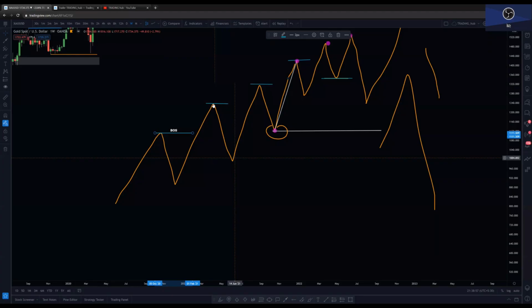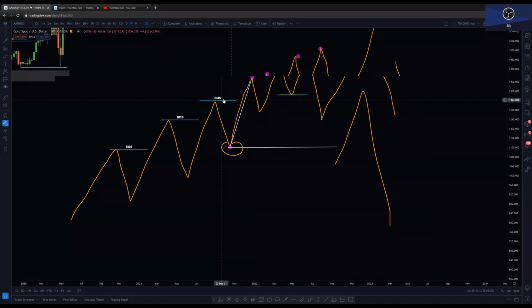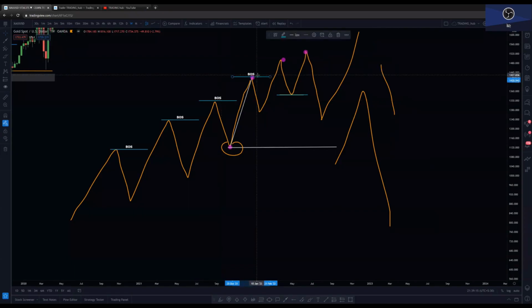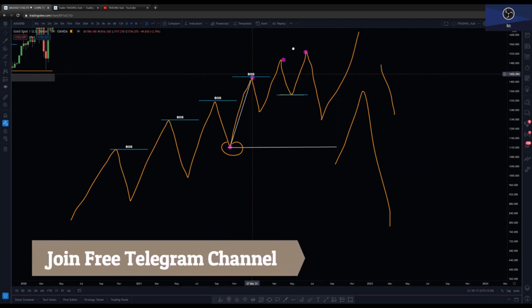This time the market already broke the high. That means this one is also called break of structure, and this one also. Until the market breaks the high or low, that is called BOS, break of structure.